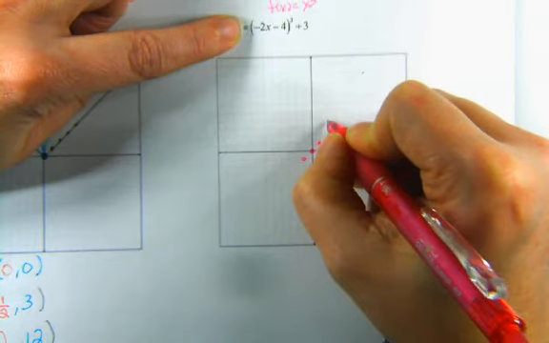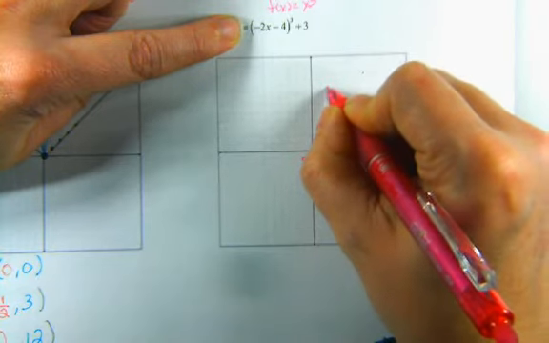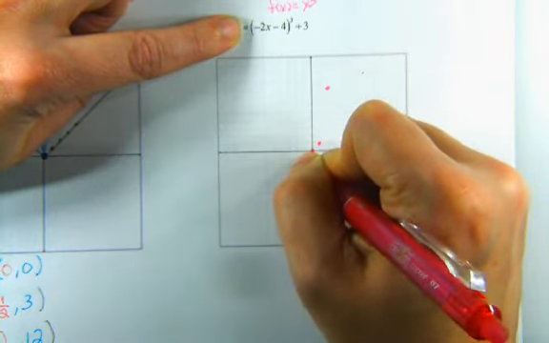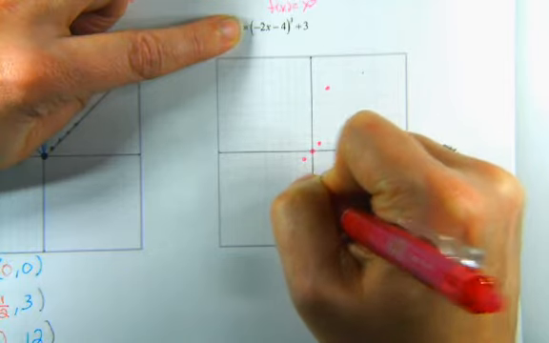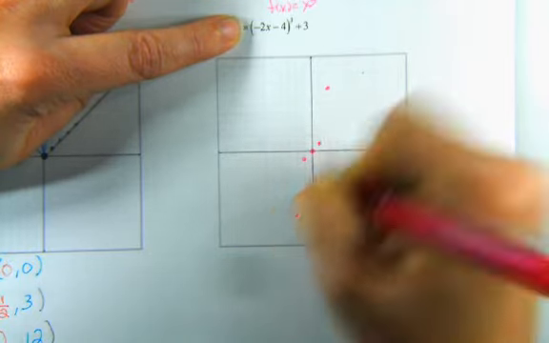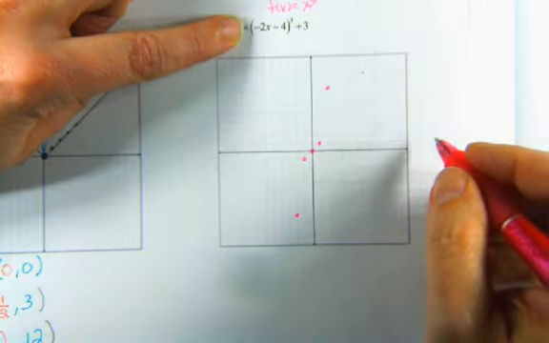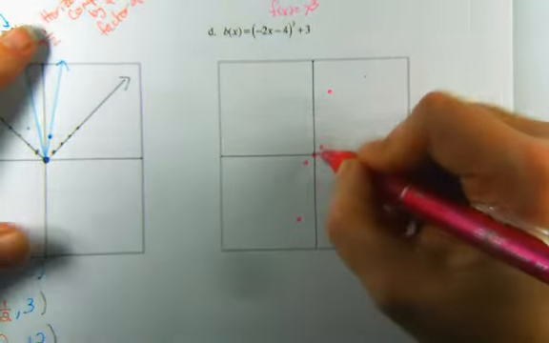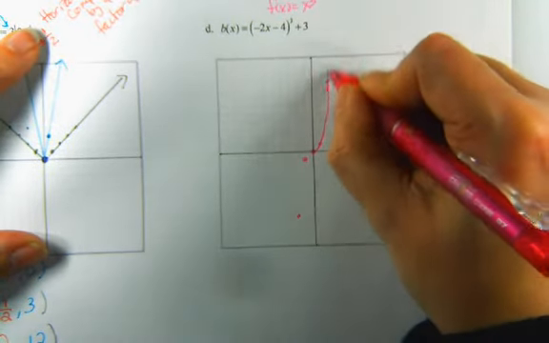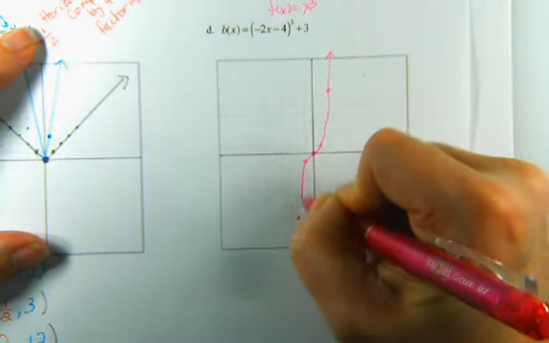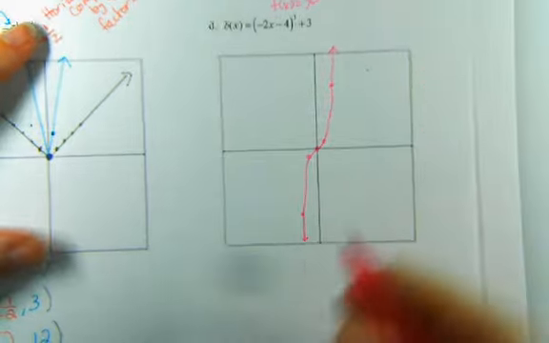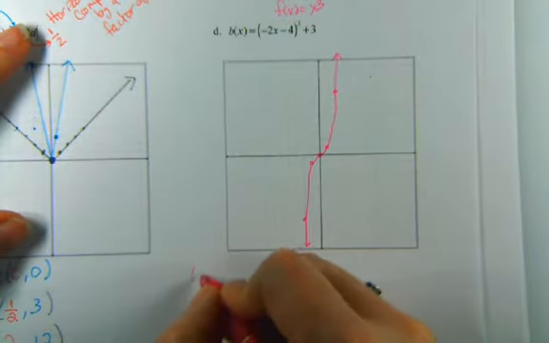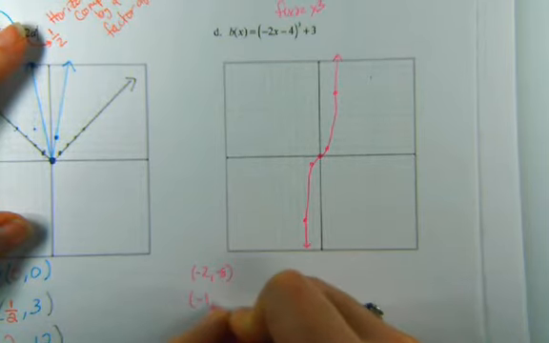I should have a scale on here, so when you see these in class, I will add the scale in. It originally looked something like this. I'm just going to list the ordered pairs here: negative 2, negative 8, negative 1, 0, 0, 1, 1, and 2, 8. Those are the quick ordered pairs from the x cubed graph.